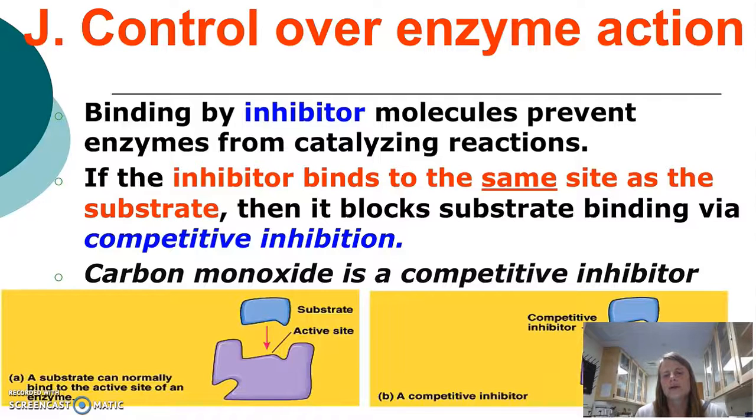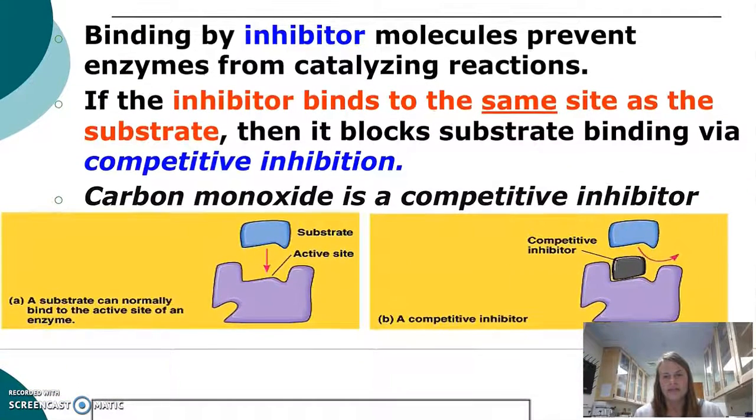In other words, the competitive inhibitor has a similar shape. It kind of mimics the substrate, binding to the active site, thus preventing the substrate from binding. So here you can see the competitive inhibitor binds, so my substrate is not able to bind to the enzyme.